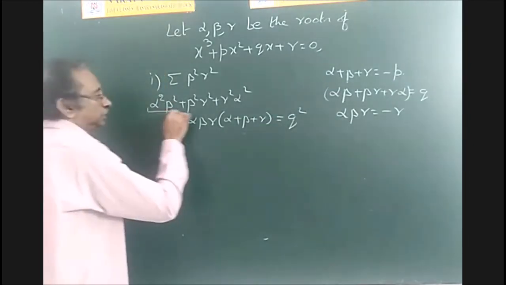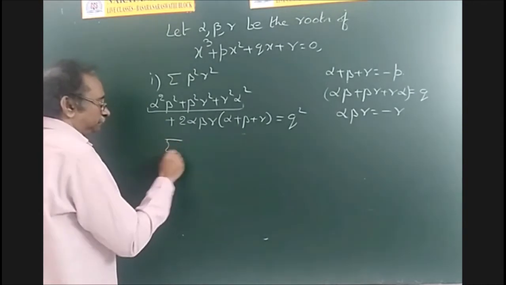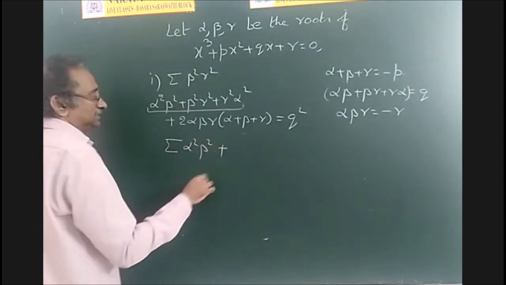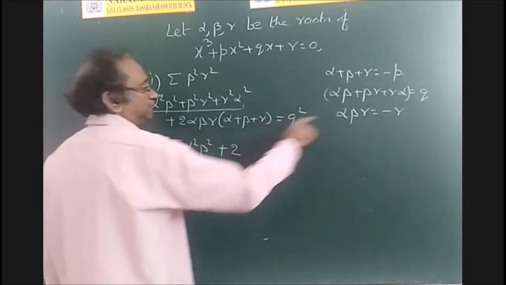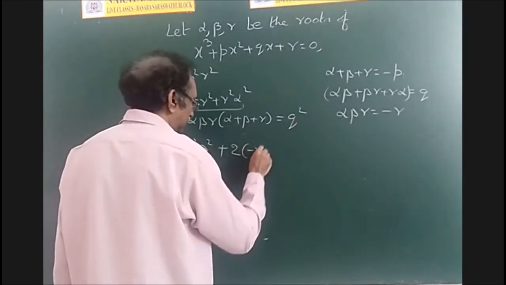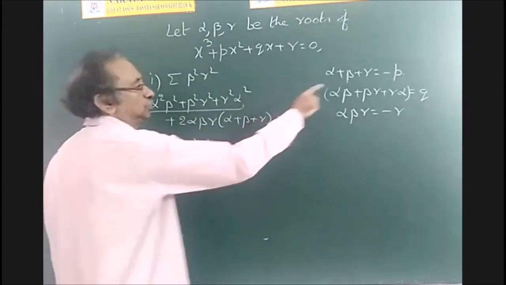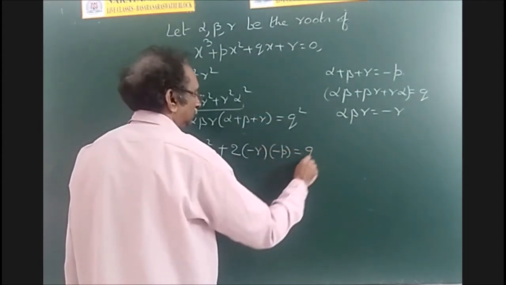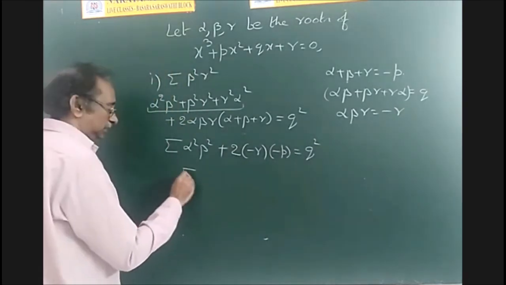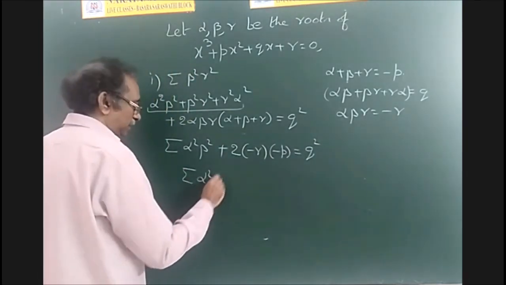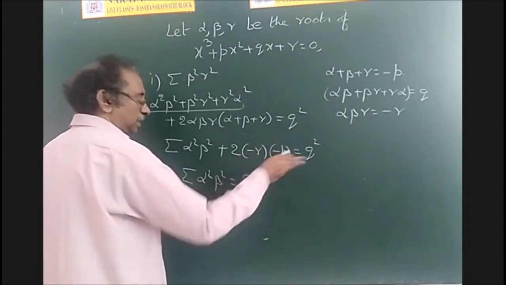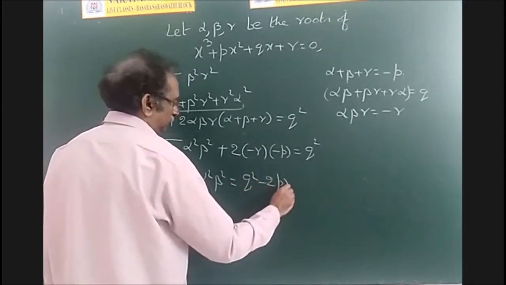So this is sigma alpha square beta square plus 2 into alpha beta gamma, which is minus r, into alpha plus beta plus gamma, which is minus p, is equal to q square. Therefore sigma alpha square beta square is q square, and this is plus 2pr, it becomes minus 2pr.